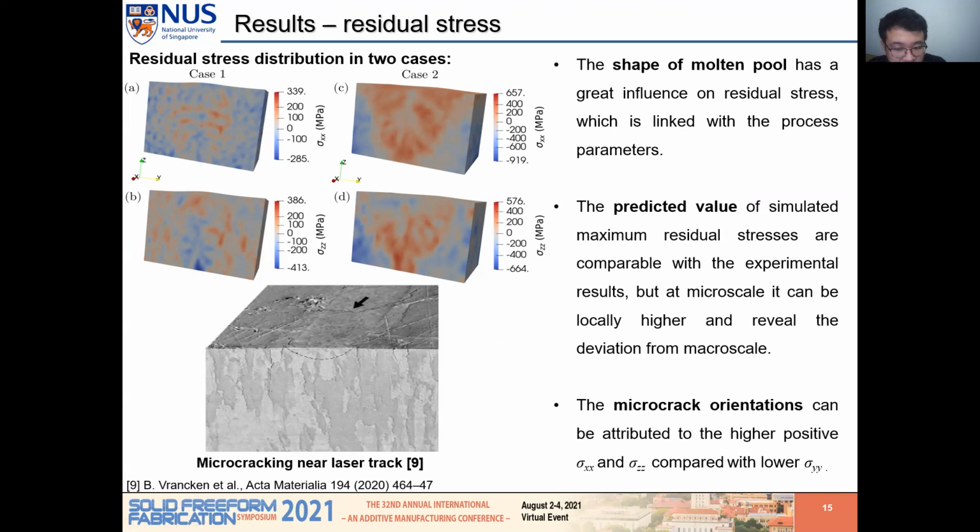This stress orientation or direction may induce macro cracks in certain directions, such as perpendicular to the laser scan direction. So maybe we can tailor the residual stress by changing process parameters. Therefore, we can adjust the stress directions, so we can reduce the macro cracks.